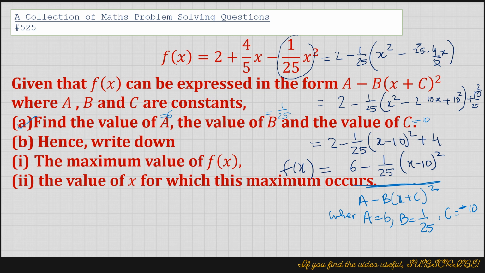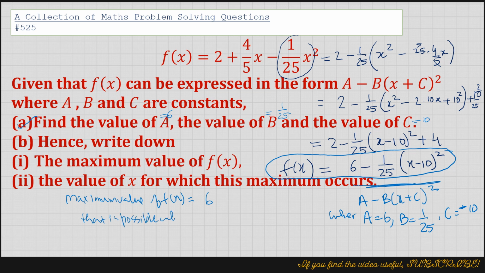For the maximum value of f(x), the maximum value will be when this term (x minus 10) whole squared is 0, because it has a negative sign, minus 1/25. So the maximum value of f(x) would be 6, because the entire term has to be 0, and that is possible when (x minus 10) whole squared is 0, and therefore x equals 10.